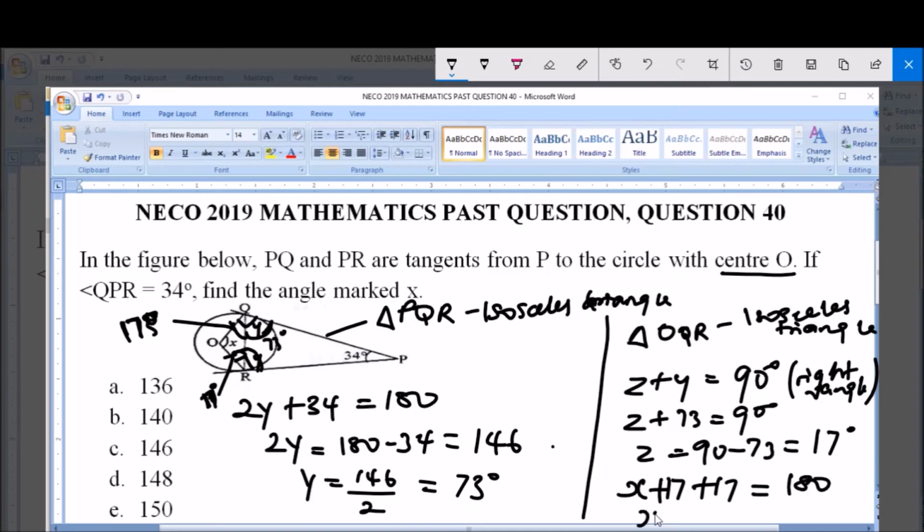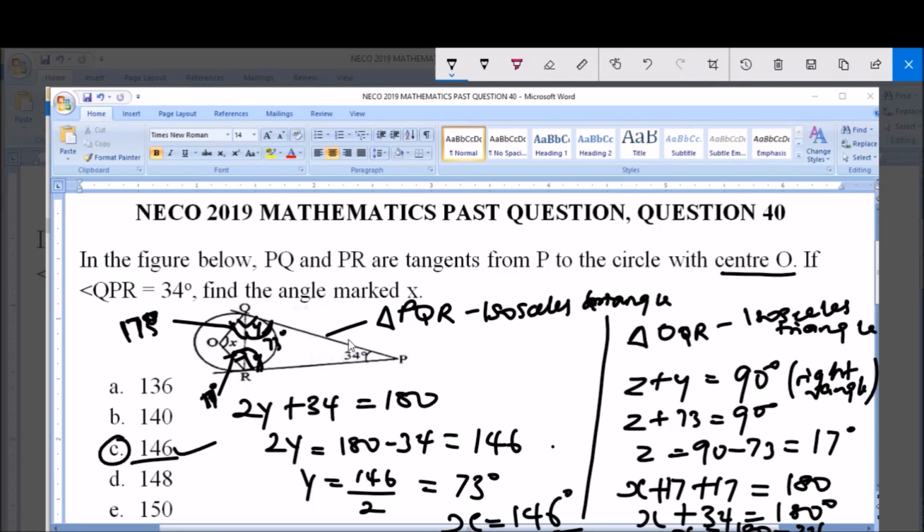So X plus 34 is equal to 180 degrees. Now to get the value of X, X is equal to 180 minus 34 degrees, and that is equal to 146. So X is equal to 146 degrees, and that is option C.